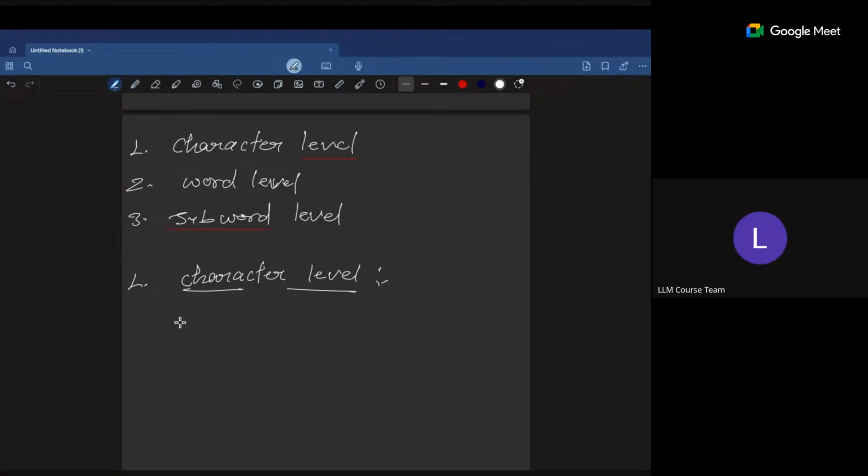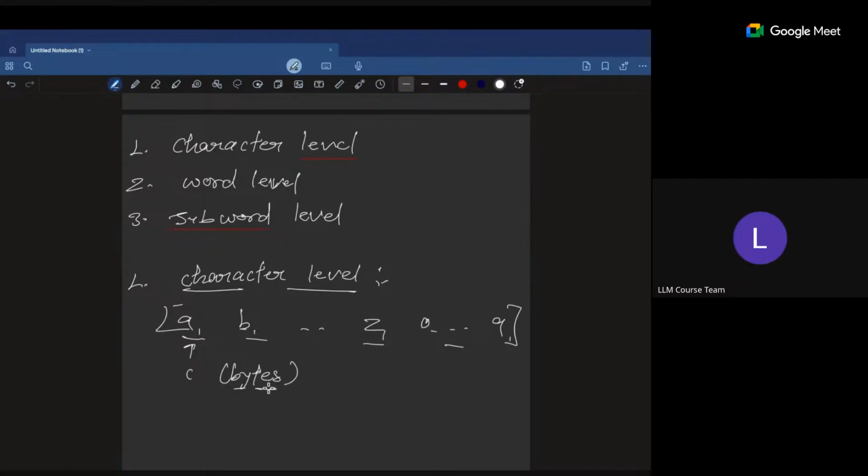So you have A, B up to Z, some digits 0 to 9, and some symbols as well. All these become your different tokens. In this case, the tokens are your characters, or the bytes if you break it down at the byte level. Those are called character-level tokenizations.